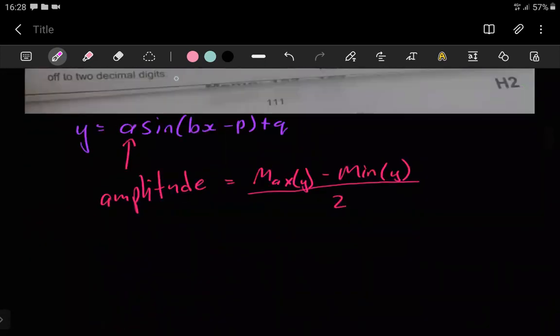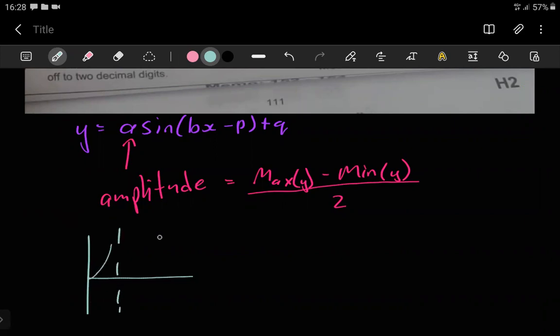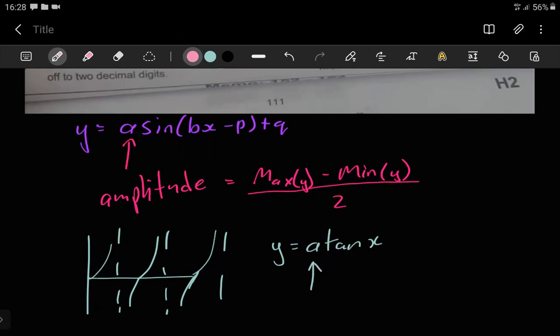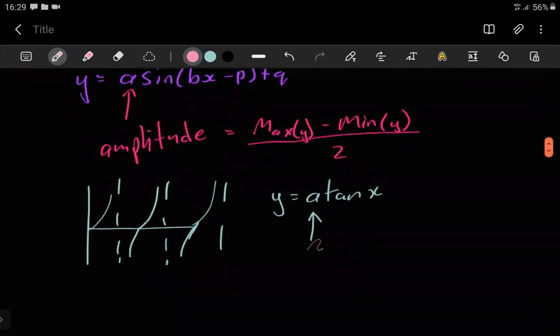Now with the graph of a tan graph, A is not necessarily an amplitude, because remember a tan graph, you can imagine, it's just lines, so it does not necessarily have an amplitude. So your value of A in a tan graph, let me put here y is equal to A tan x. You can't necessarily say amplitude, because there's no amplitude here.